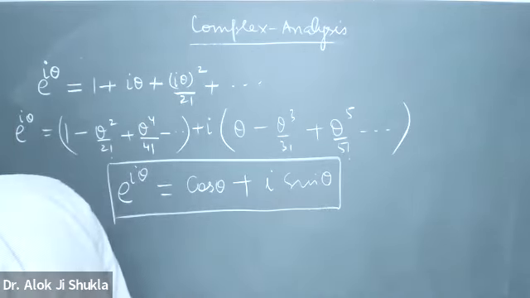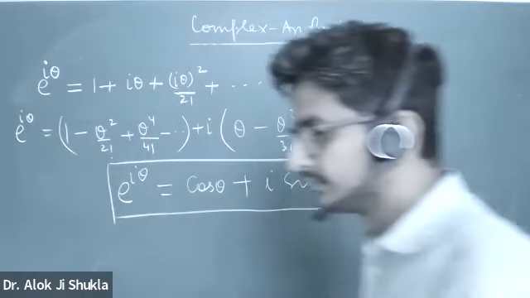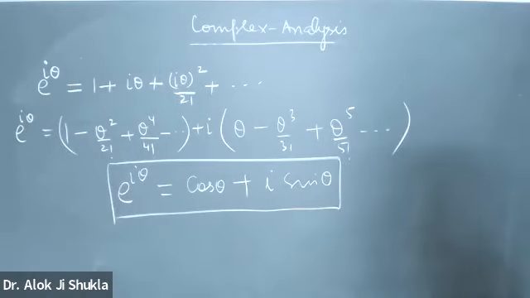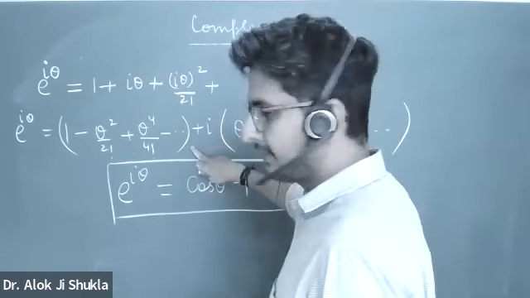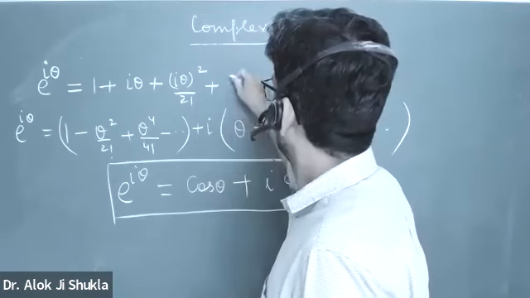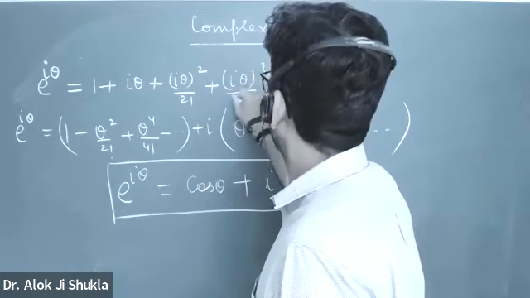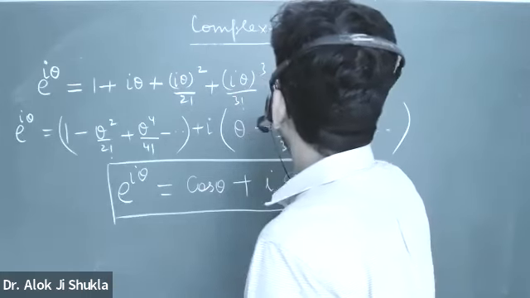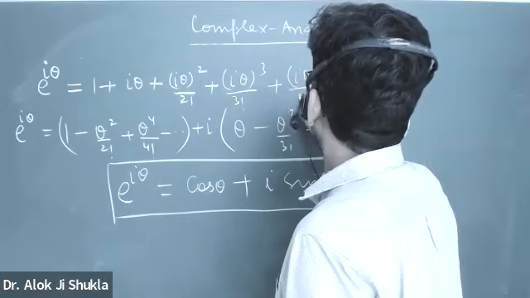Sir, I cannot understand the steps. Ask what? Second step, please समझाए. Which step? This step? हाँ sir, second step. I theta cube by 3 factorial plus I theta 4 by 4 factorial.